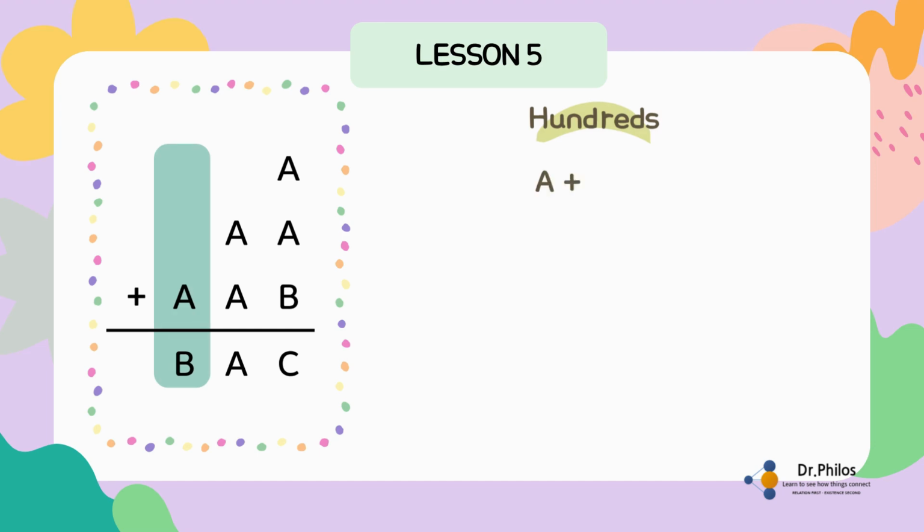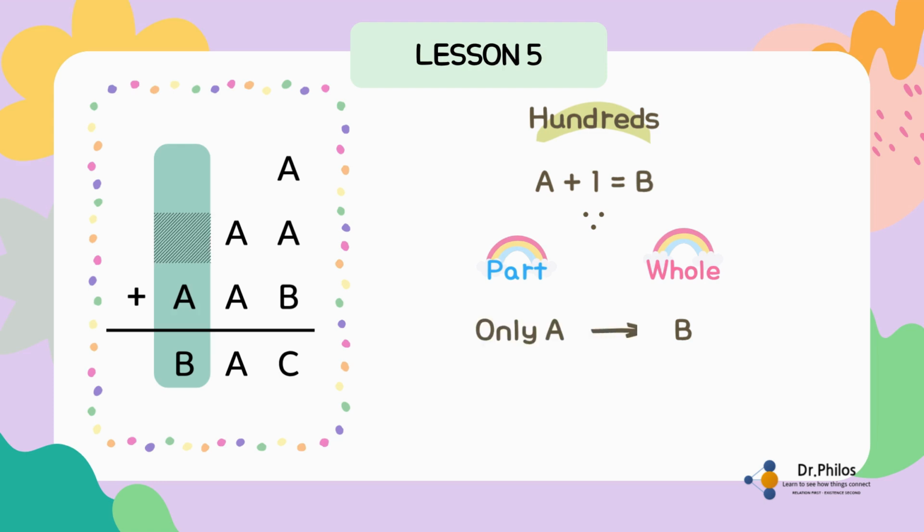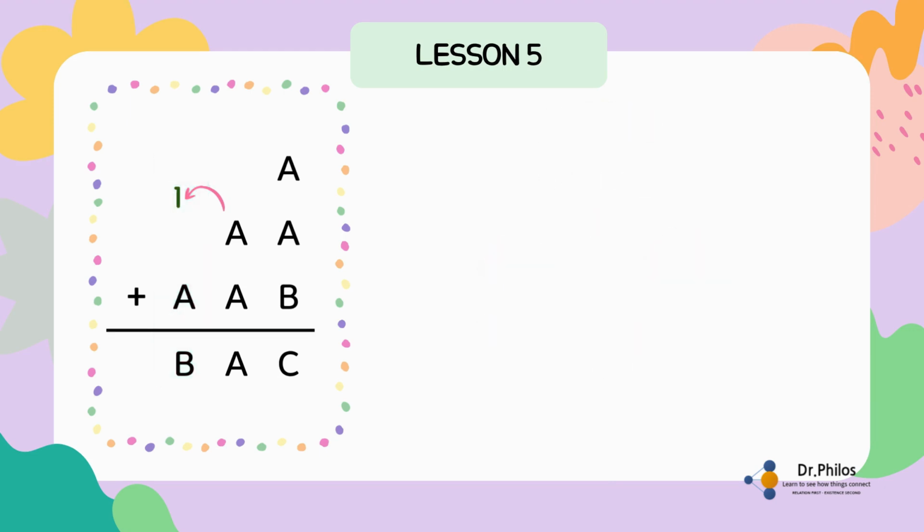It's A+1 equals B. Because the whole in the hundreds place is B, but the part in the hundreds place only has A. This means there is a carryover from the tens place. The carryover from the tens place must be 1. Good job! Now, explain the tens place.